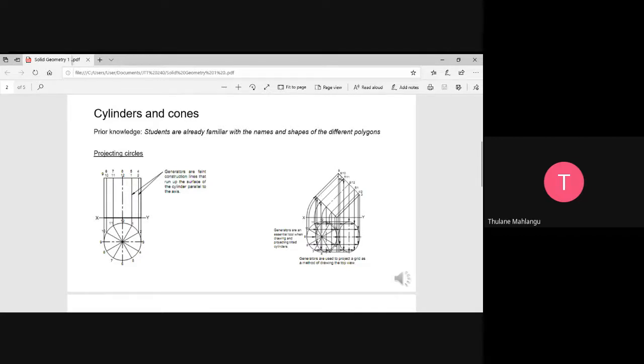Say it's 70, then you'll measure 70 there. And then also you'll have to use your 45 set square to scribe the top part of the cylinder. After scribing that part and this part, now you have a cylinder.